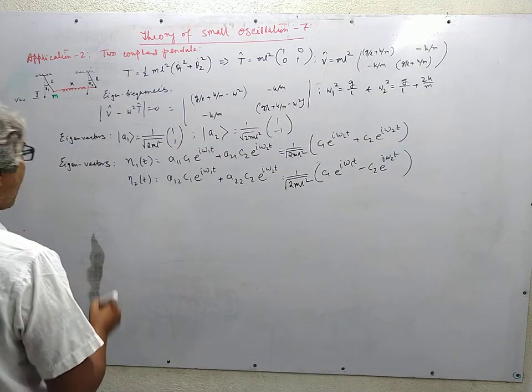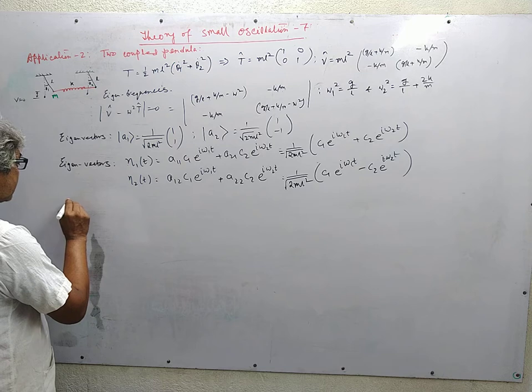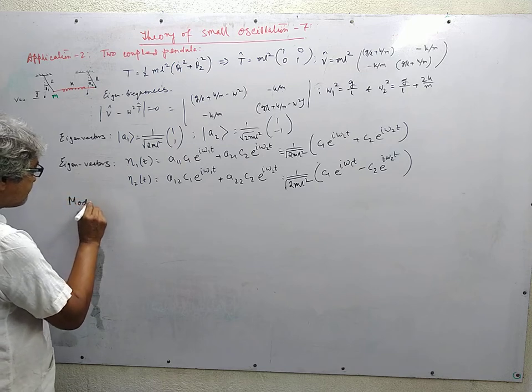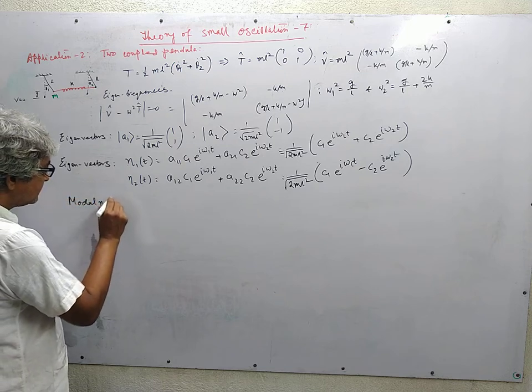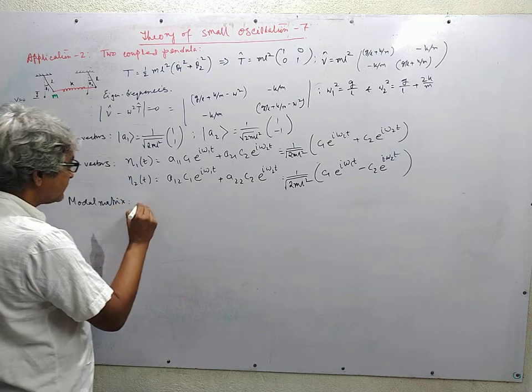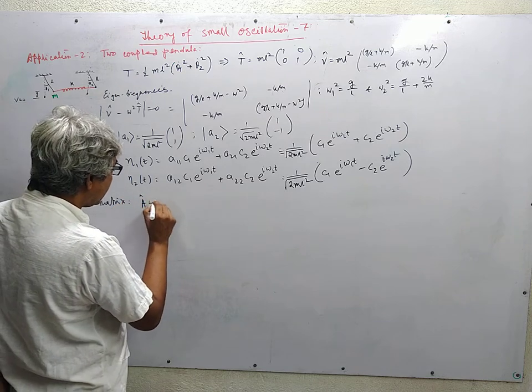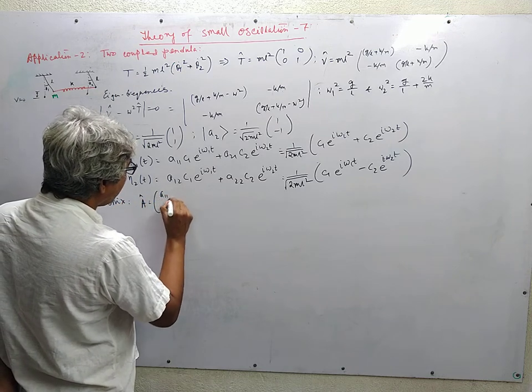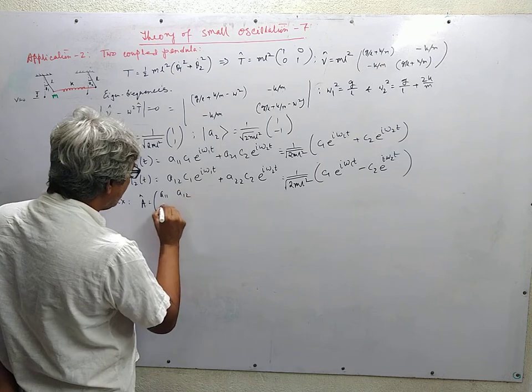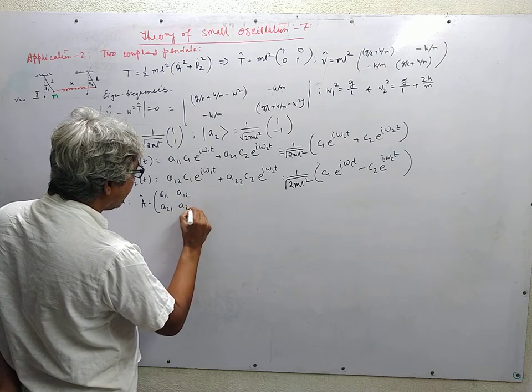Now, coming to the modal matrix. This matrix A is a11, a12, a21, a22.